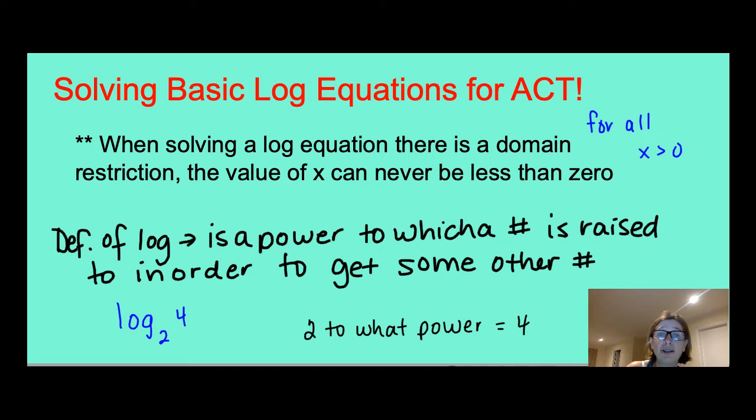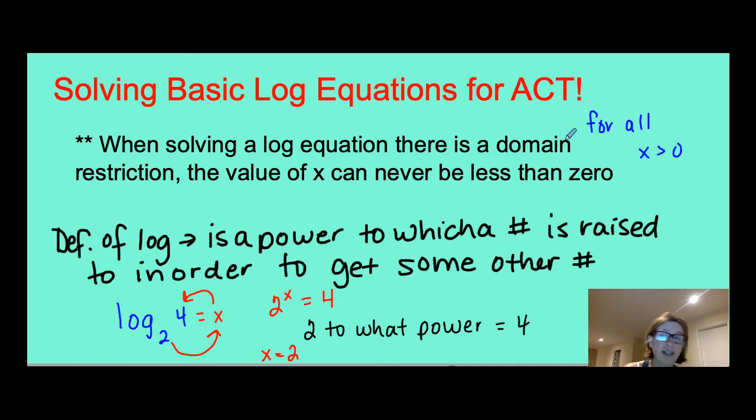Now, in your Algebra 2 class, your teacher probably told you set it equal to x and write it exponentially. Some teachers call that the fish hook method. I call it around the world to just make sure you see. So then 2 to the x equals 4, so x would be 2. And let's answer that question. 2 to what power equals 4? So 2 to the 2 power equals 4.